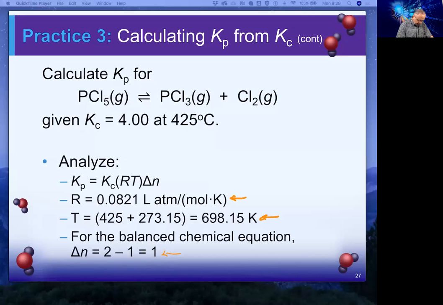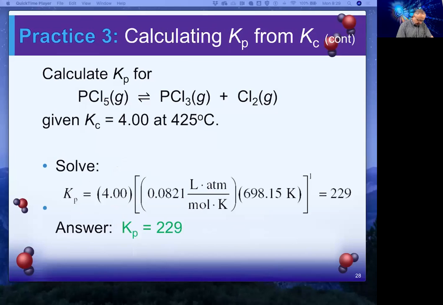Once we have that, we can use the equation to say that Kp is equal to Kc times RT to the power of 1. To the power of 1 is really just, we don't have to do anything. We just multiply those three numbers, and the result is 229. So the Kp value is 229.